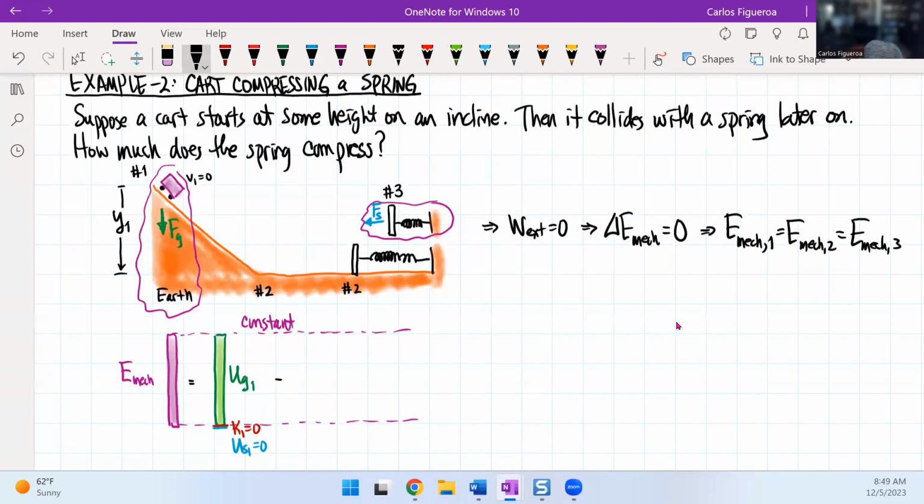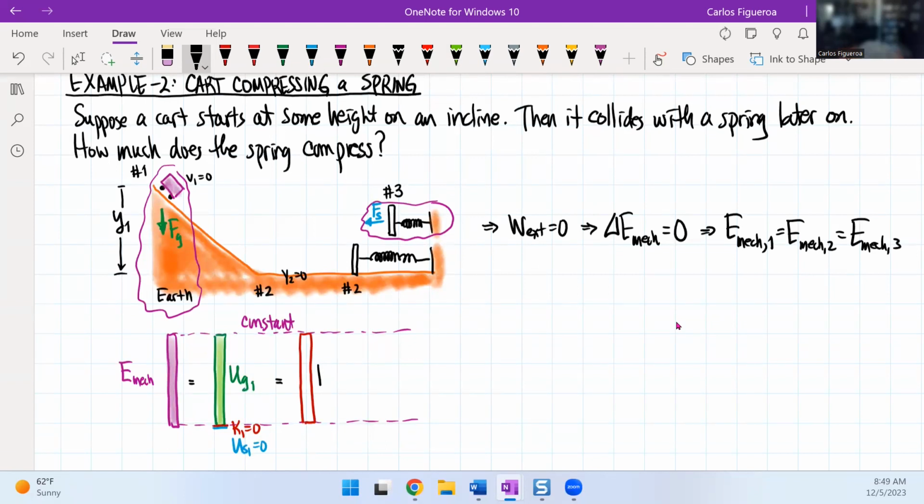Now, when I look at this thing, this cart is going to go all the way down. And as it goes all the way down, you're going to see that now all of a sudden, all of the energy goes down and you get to the point where this height here is now zero.